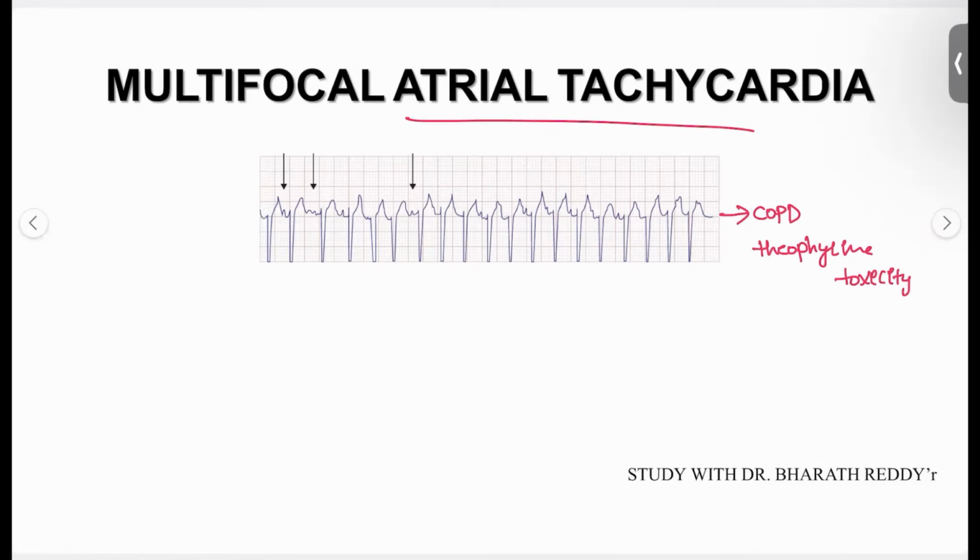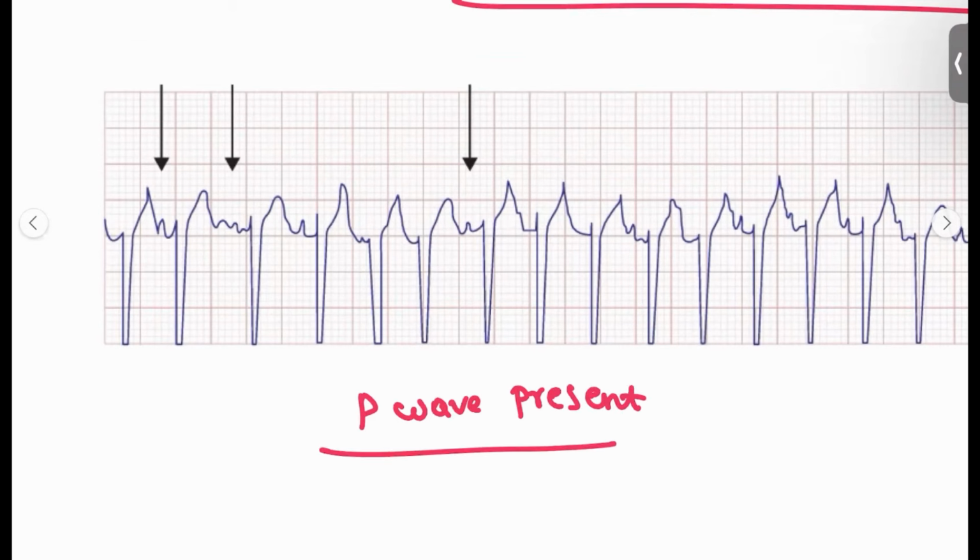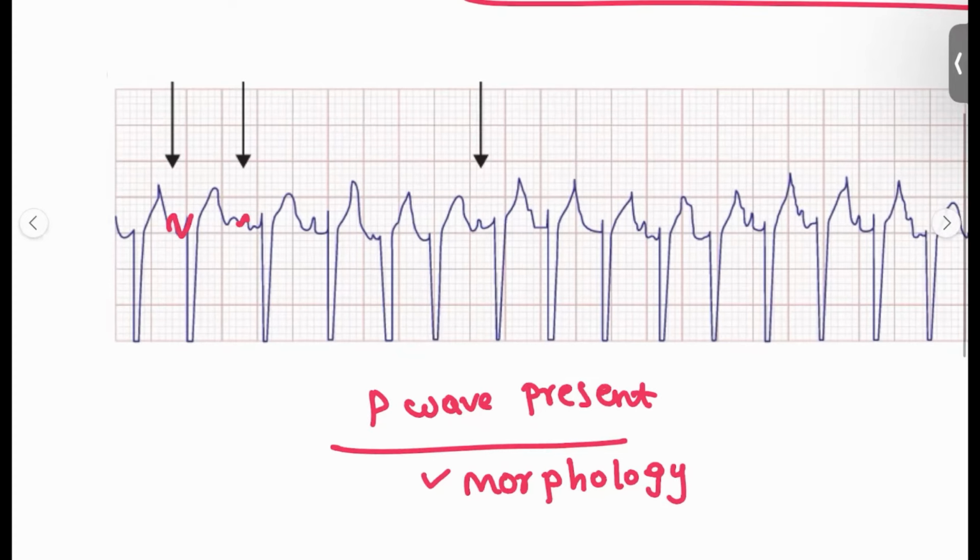What is specific about multifocal atrial tachycardia? The P wave is present, but it is seen with three different morphologies. Here you can see the P wave is presented like this, here it is a bifid P wave, and here again it is a peaked P wave. So three different morphologies are presented in the P waves.